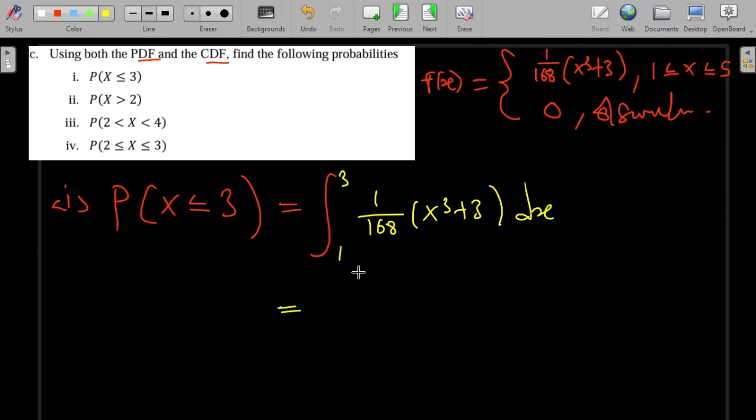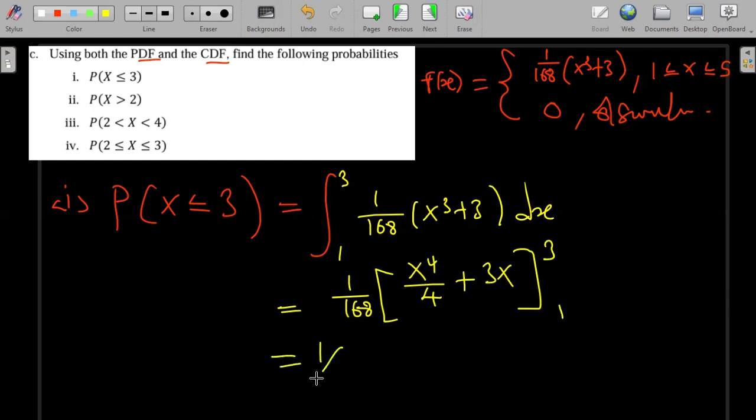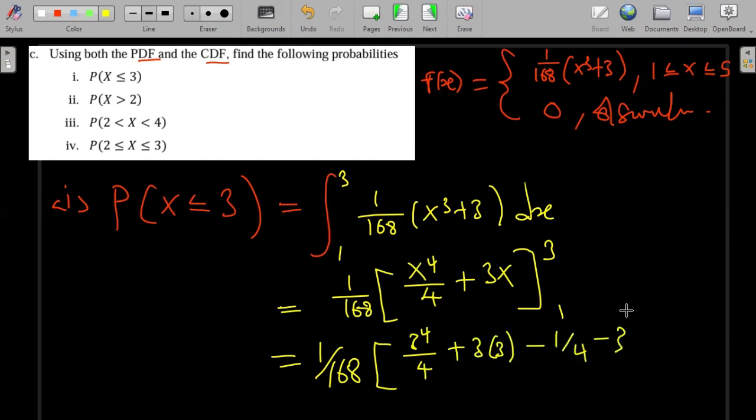So it will be 1 over 168, and then I integrate this. I evaluate them at 3 and 1. So this will be 1 over 168, and then I have 3 to the power 4 over 4 plus 3 multiplied by 3, minus 1 over 4 minus 3. So this is what we have there.